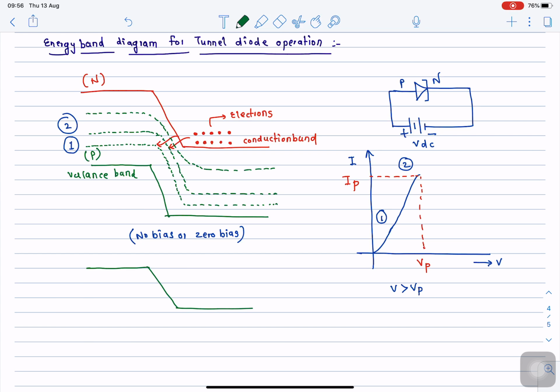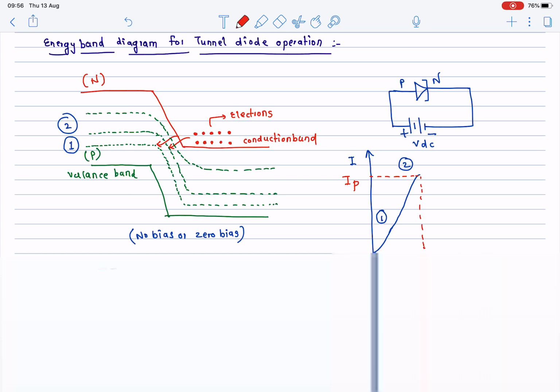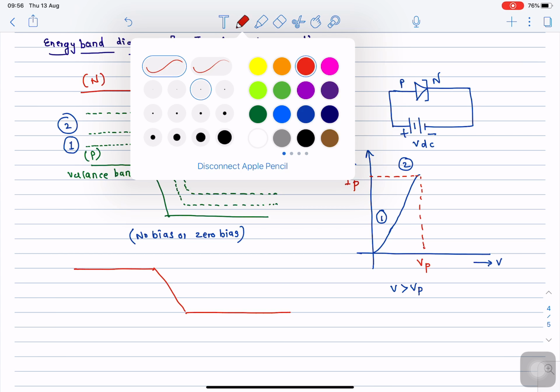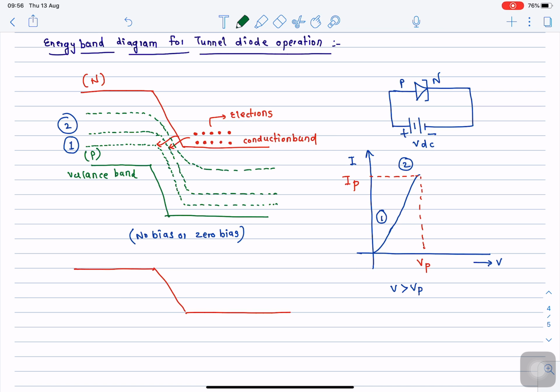First I will draw the band, and then the valency band at position number 3 I will show in this way.